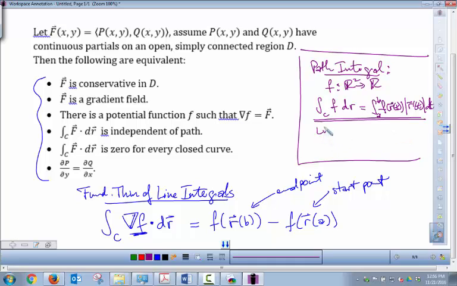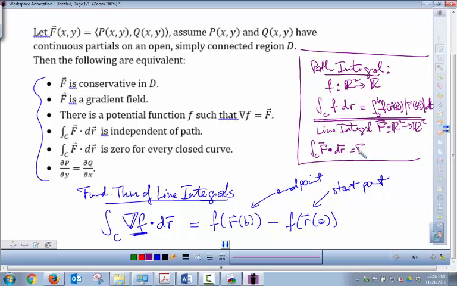A line integral takes a vector field and then integrates it over a curve.